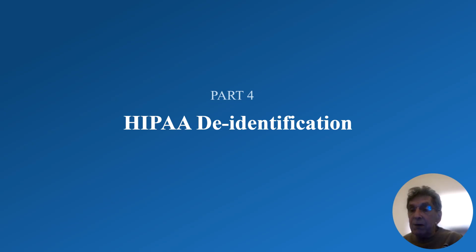As health informatics professionals, you'll frequently need to share or analyze patient data for research, for quality improvement, and public health purposes. HIPAA's de-identification requirements determine when and how you can do this. Good database design makes de-identification much easier. Let's explore this connection.